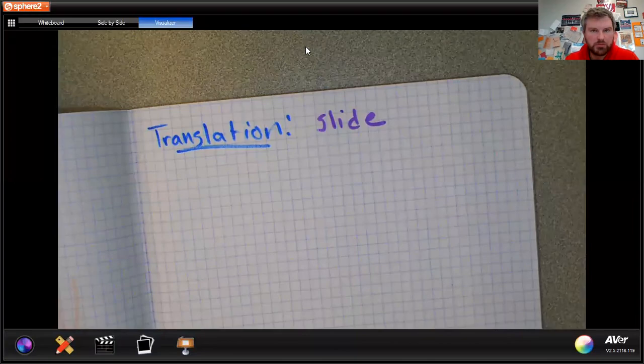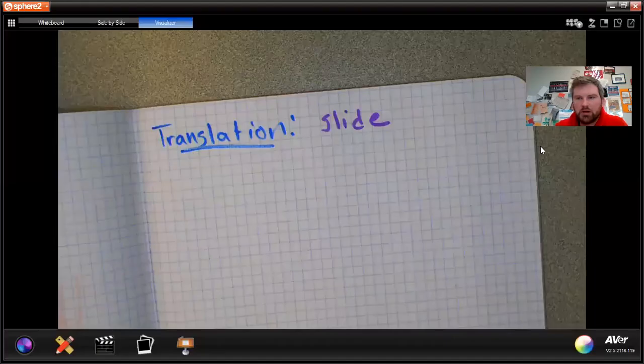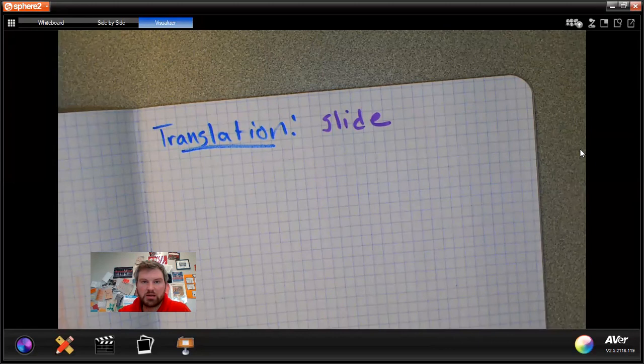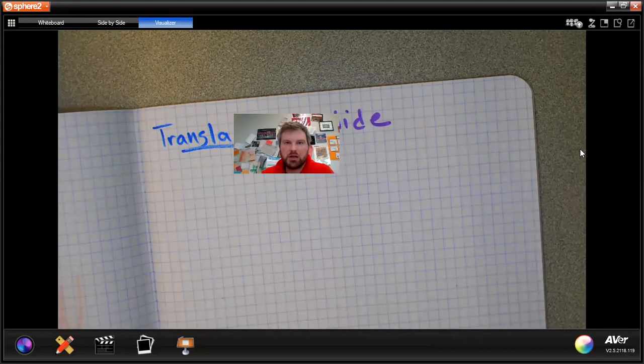Let me share my screen with you here, and I'll show you a pretty good example of translation. You can see my picture hopefully here in the right-hand corner. When I get those little arrows, we know that means I can click and move it wherever I want. Well, what I'm doing is I'm translating myself or this box across the page everywhere I go.